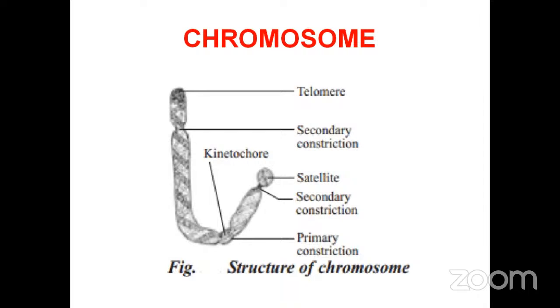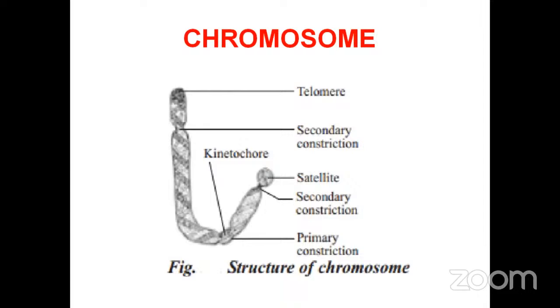However, in each species the number of chromosomes remains constant. For example, human being 46, Haplopappus 16, chimpanzee 48.